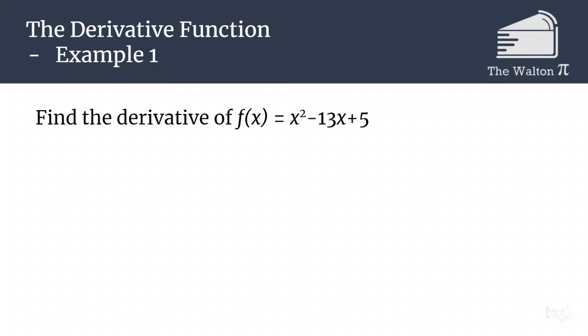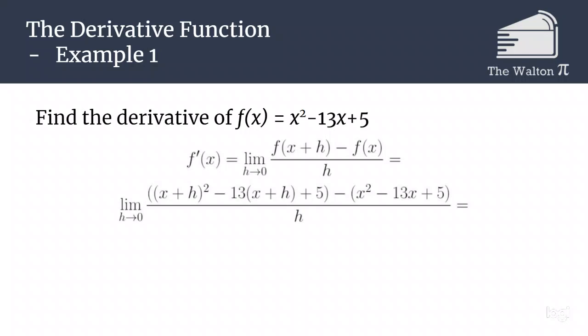So find the derivative of f of x equals x squared minus 13x plus 5. So if we just use the definition that we just had, f prime of x, or the derivative of f, is equal to the limit as h goes to 0 of f of x plus h minus f of x all over h.